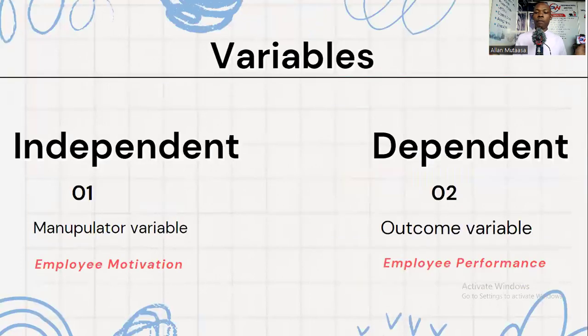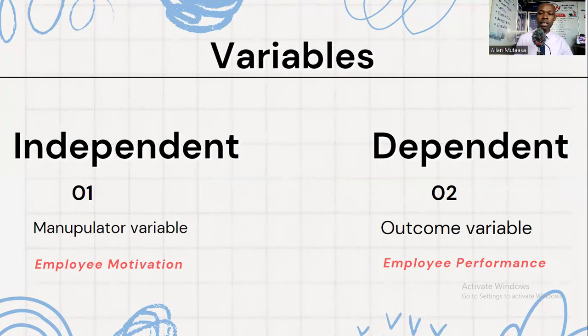So variables. We have been saying this word variables, variables, variables. What exactly does this word mean? A variable is a characteristic of interest. So you'll see that in research, we have what we call an independent variable and a dependent variable. An independent variable is always what we call a manipulator variable. This is what is going to cause the result. In our case, we have employee motivation. So we can say that when employees are motivated, something will happen.